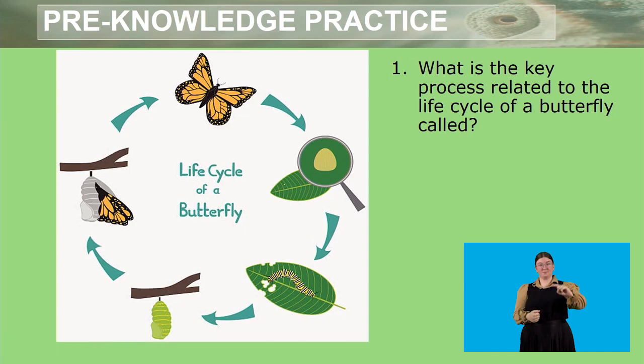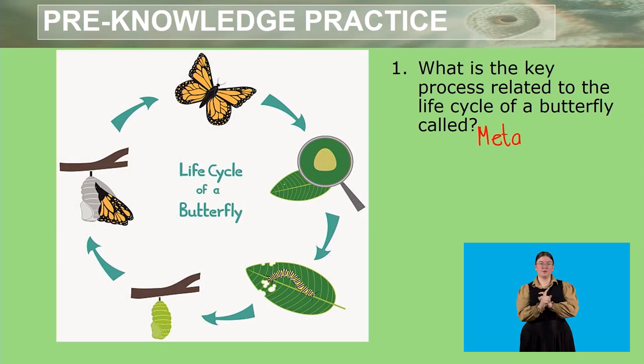We are going to look at the first question. What is the key process that is related to the life cycle of a butterfly called? From what we know, that cycle is called metamorphosis. This is a cycle where the egg moves from one stage to become a caterpillar.